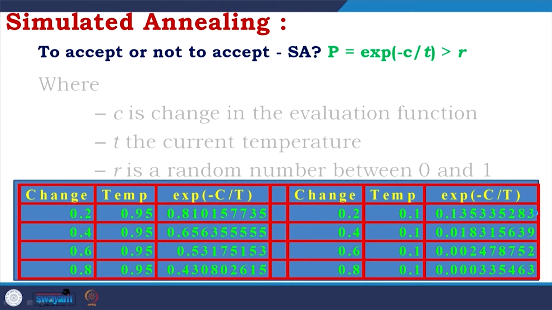There is a case study where the change is 0.2, 0.4, 0.6, 0.8 at temperature 0.95 and at 0.1, and you see the values of the exponential. You will choose only when the exponential of minus C by T is greater than R.